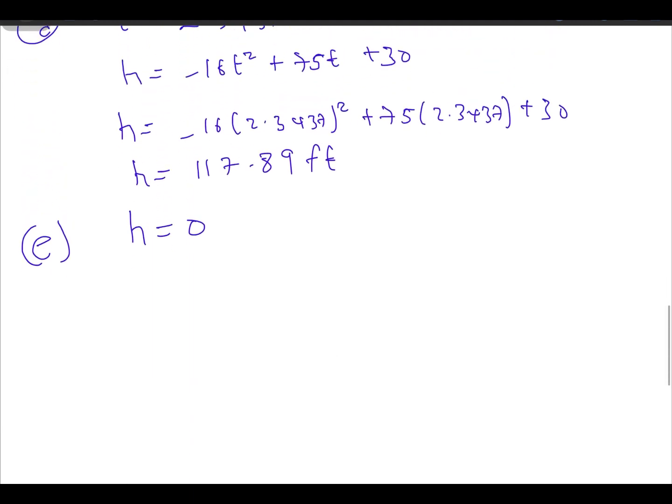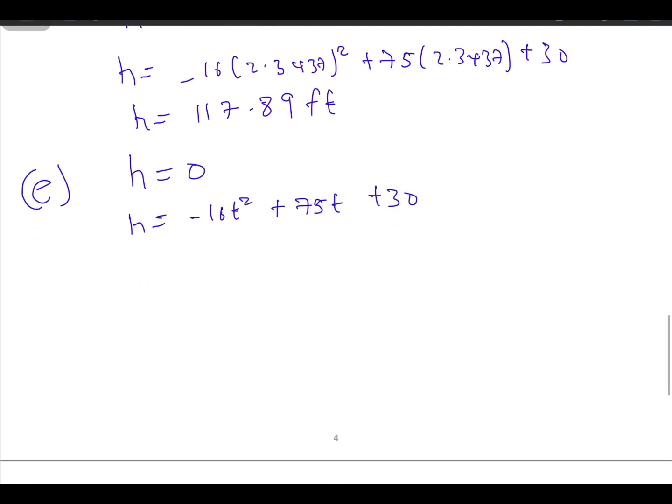Therefore, taking the function h equal to negative 16t squared plus 75t plus 30, h becomes 0. So now negative 16t squared plus 75t plus 30 should give us 0, and this becomes a quadratic equation.